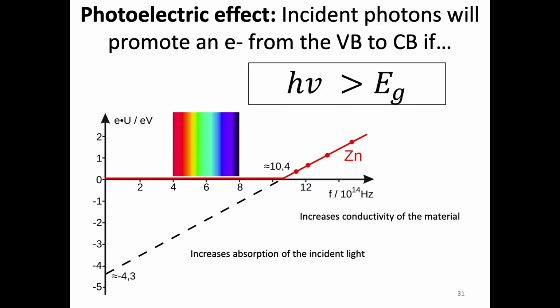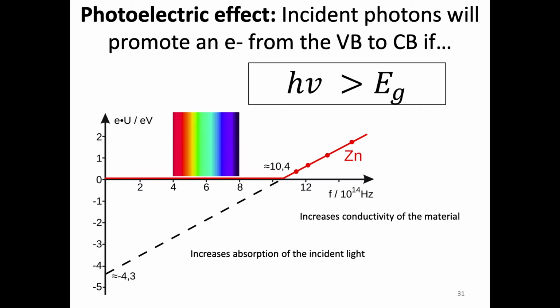And so here we think about it in terms of energy. This y-axis is energy, and this x-axis is the frequency. By increasing the frequency, we can increase the energy of the incident light.